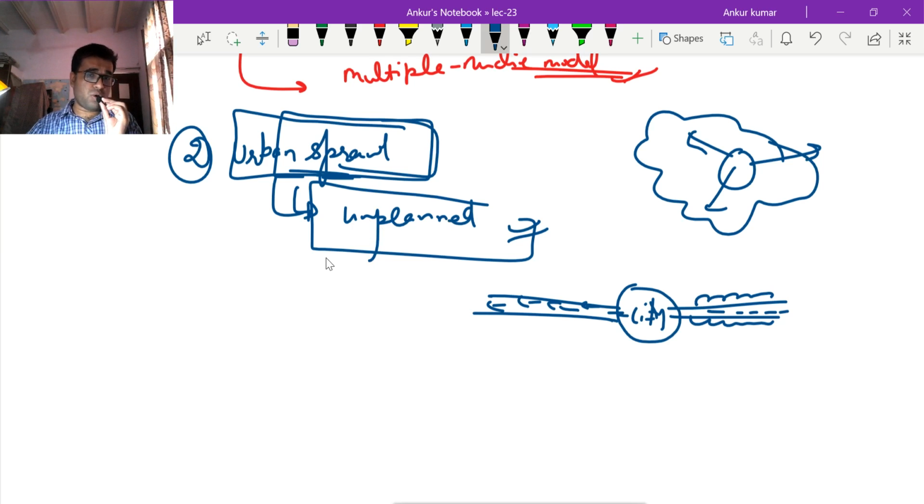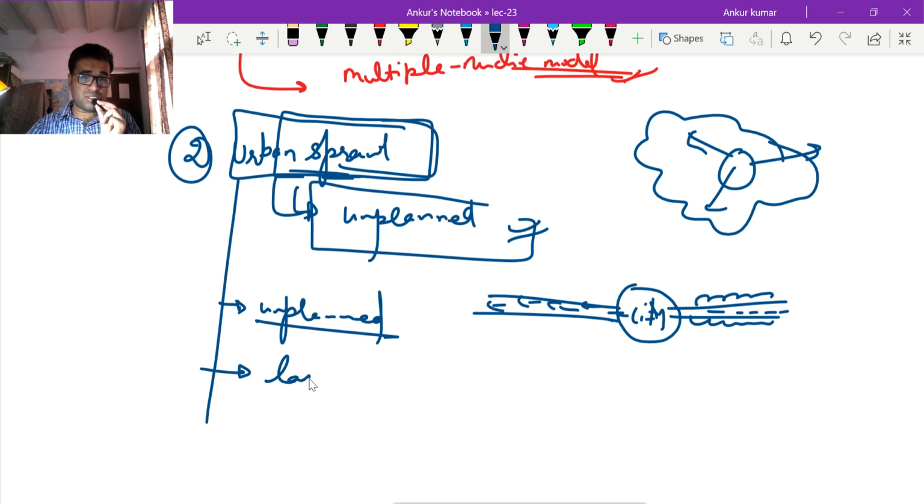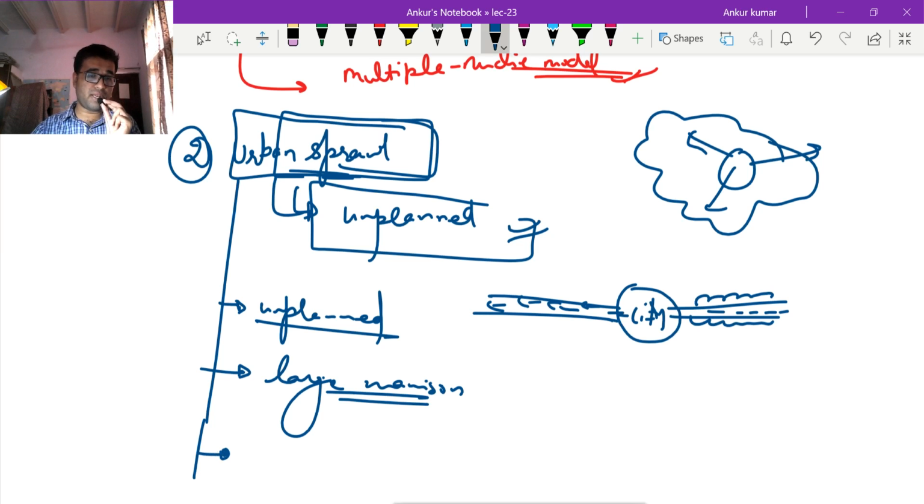So in urban sprawl, the main features seen are, one, the unplanned nature of houses. Large mansions are built, with complete open spaces and a lack of planning. Functional differentiation is there, but that proves harmful in many cases.